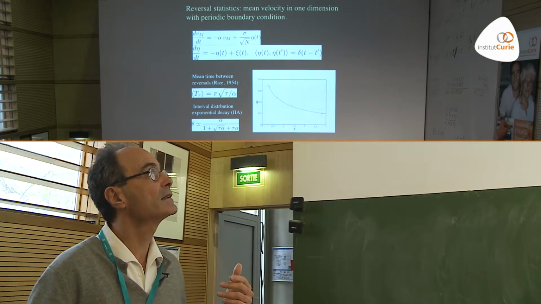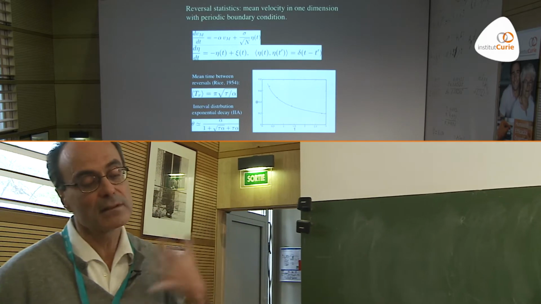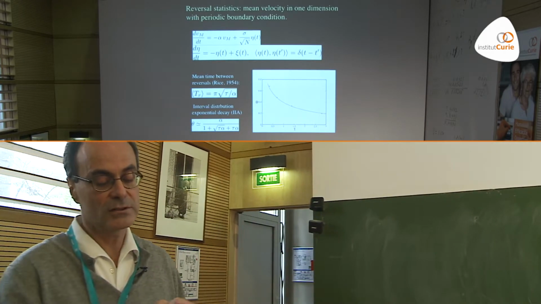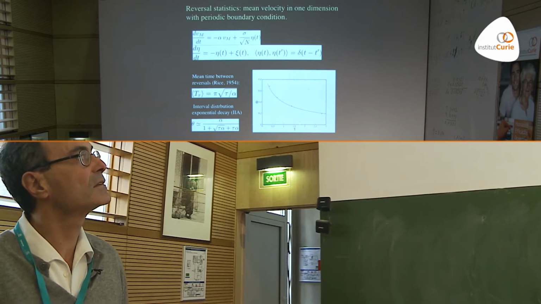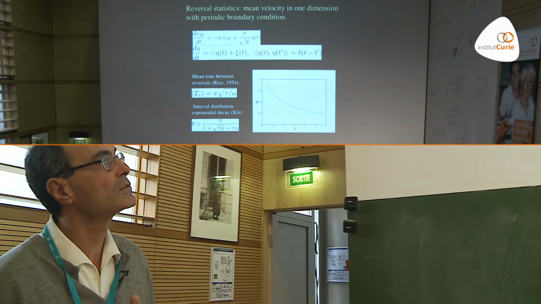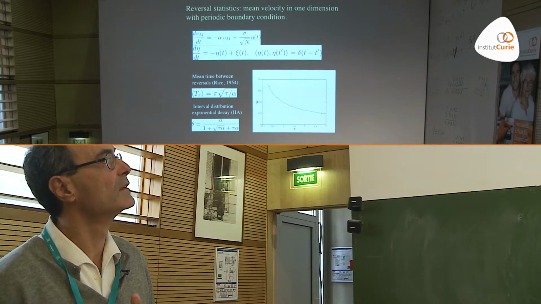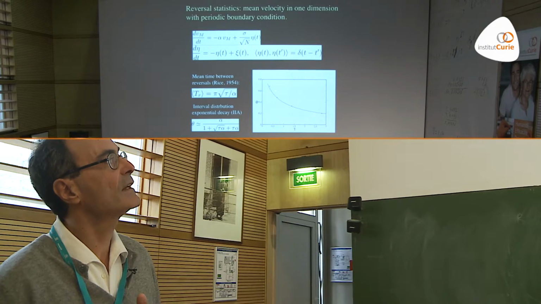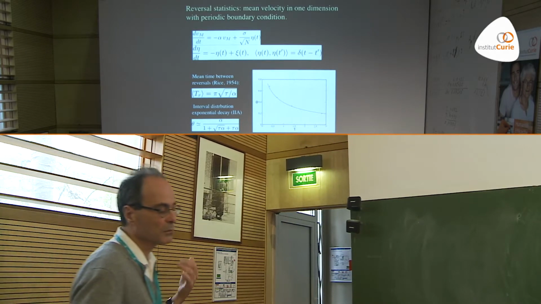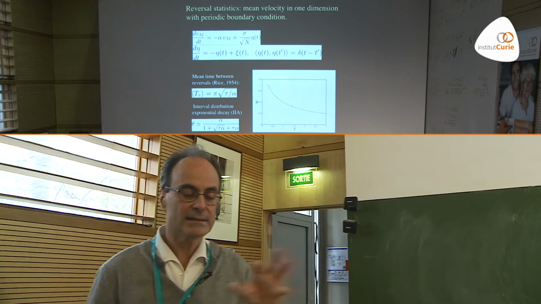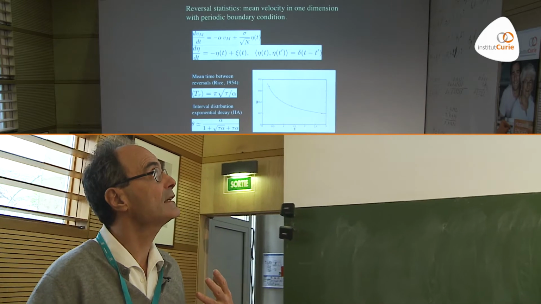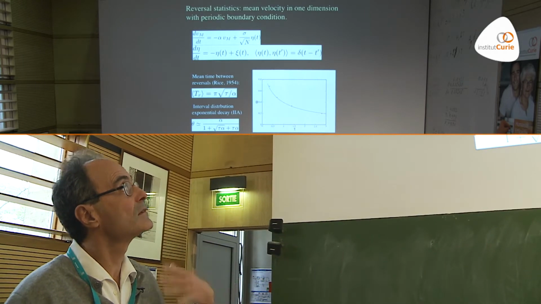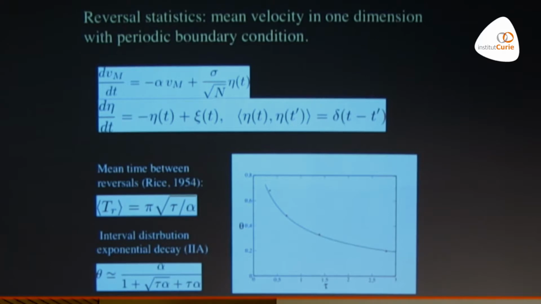You can do that, and that's an approximate way, just neglecting correlation between the lengths of two intervals, to get an approximate formula that actually works quite well. So what it says is that the statistics of this reversal is actually a random process, but the correlation comes from the fact that this is persistent.